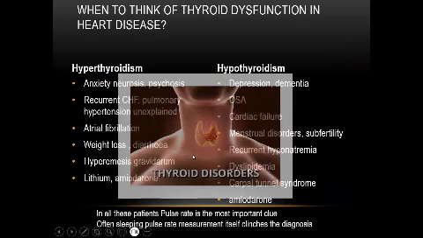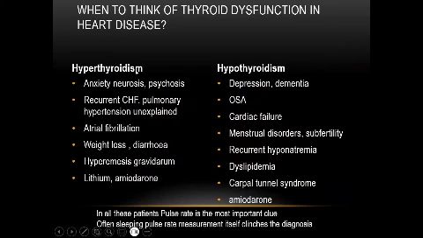First of all, let us see the differences between hyperthyroidism and hypothyroidism. Hyperthyroidism: anxiety, neurosis, psychosis, recurrent heart failure, pulmonary hypertension, atrial fibrillation, weight loss, diarrhea, hyperemesis. Lithium and amiodarone can produce hyperthyroidism. As far as hypothyroidism is concerned: depression, dementia, OSA, a low pulse rate, a very lethargic patient.